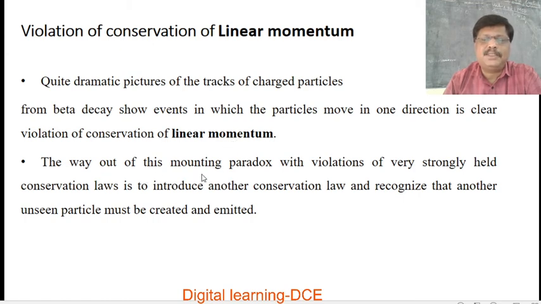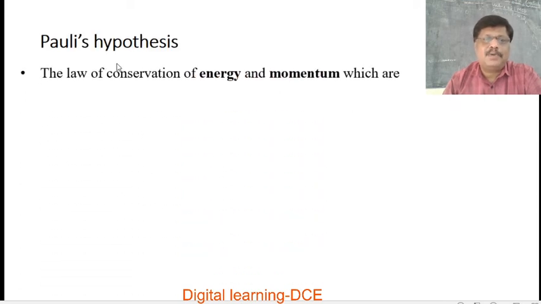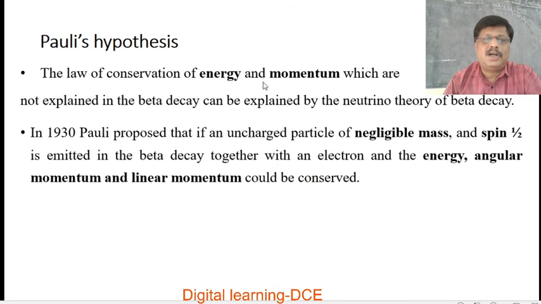The way out of this mounting paradox with violations of very strongly held conservation laws is to introduce another conservation law and recognize that another unseen particle must be created and emitted with the beta particle. What is that particle? We will see in the next slide. Pauli's hypothesis. The laws of conservation of energy and momentum, which are not explained in beta decay, can be explained by the neutrino theory of beta decay proposed by Pauli.